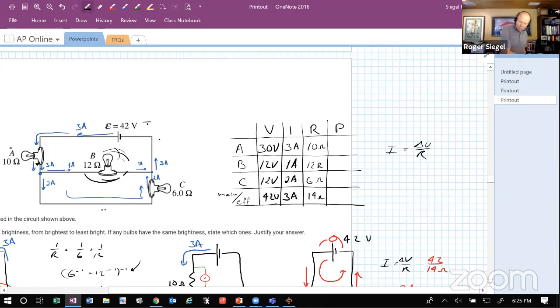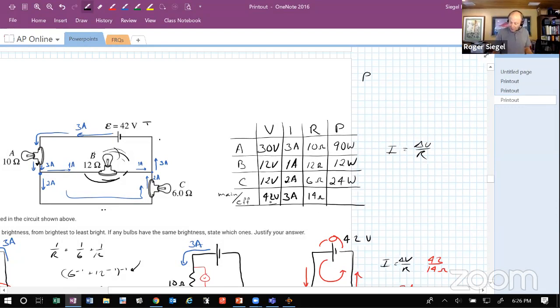The brightness, or power, is equal to IV, or two other formulas. So we've got 90 watts, joules per second. Here, that's 3 times 30. We've got 12 times 1, or 12 watts. We've got 12 times 2, or 24 watts.